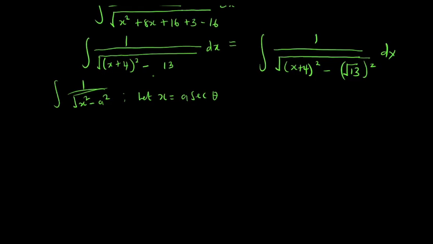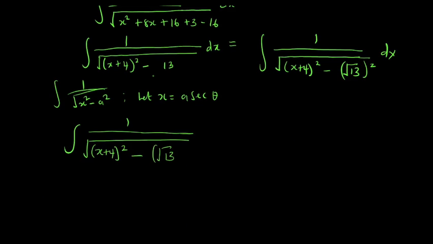So for me to use this method now for my own question, now we say the integral of 1 over the square root of x plus 4 squared minus square root of 13 squared dx.